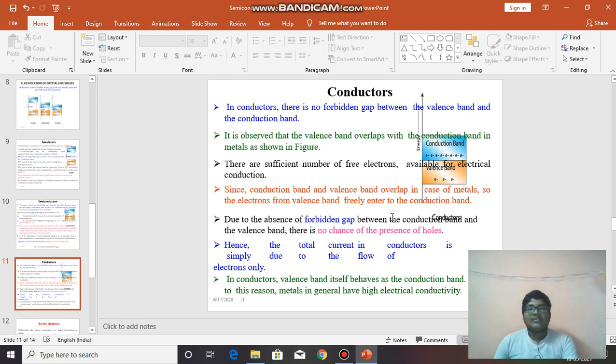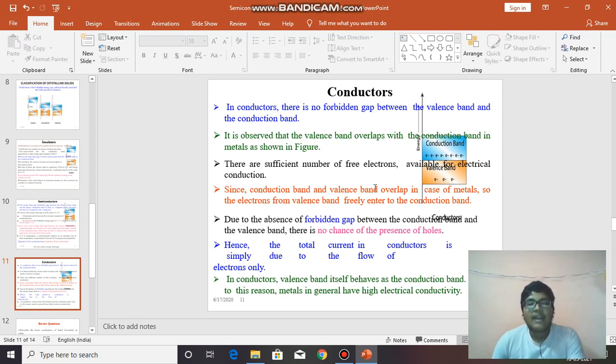And now let's discuss the conductors. In conductors, there is no forbidden gap between the valence band and conduction band. It is observed that the valence band overlaps with the conduction band in metals, as shown in the figure. There are a sufficient number of free electrons available for electrical conduction.